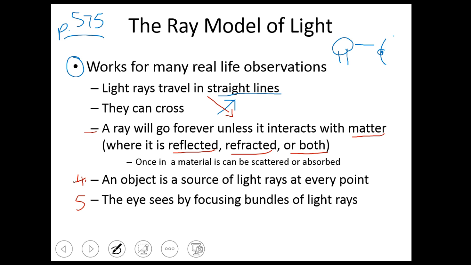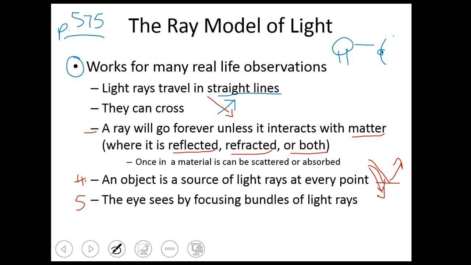And what this is saying is that, well, the pencil in front of you and the paper in front of you and your book and the keyboard and all of these things that don't inherently glow themselves are still a source of light rays because light rays are coming in and they're actually reflecting off of that object to give you the color that you see, right? Some of those rays are absorbed, but some are reflected too, and that's what it's allowing you to see it. And this happens at every point in the object.